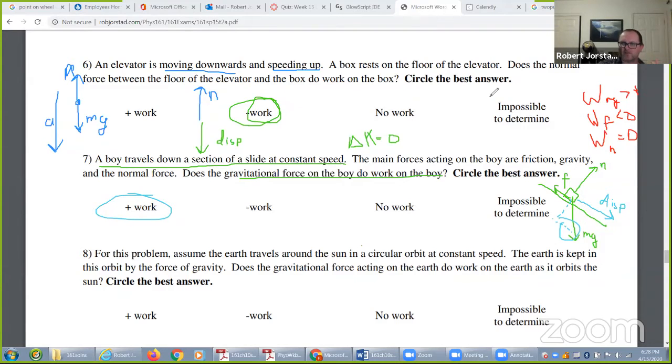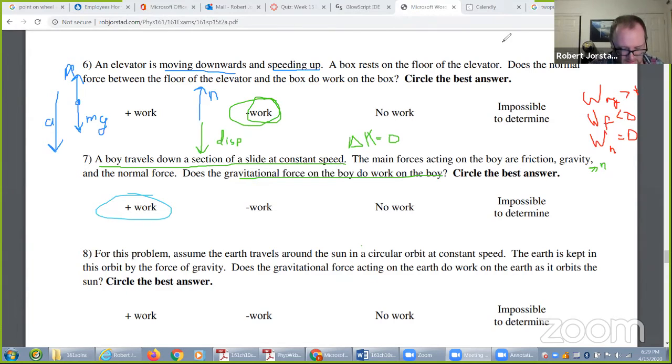Let me check the chat. Yeah. So Jay, in the first question, it doesn't matter what acceleration is. A could be plus, minus, or 0.